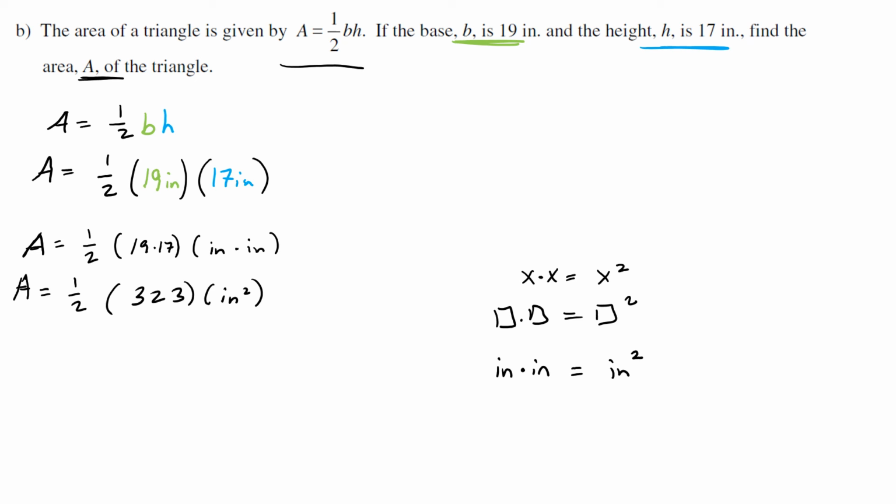And then we want to multiply by 1/2. So multiply by 1/2, so that's like dividing by 2. That's 161.5 inches squared. So be sure to keep your units and then make sure that we are distributing and simplifying.